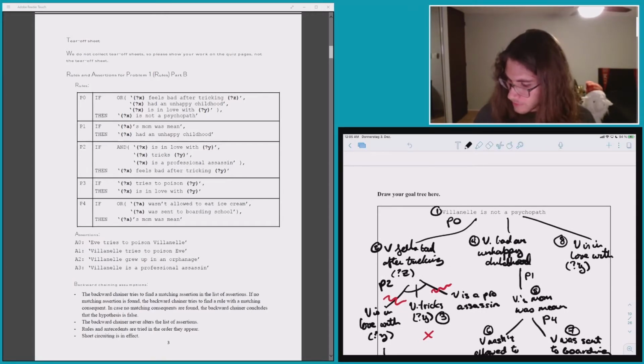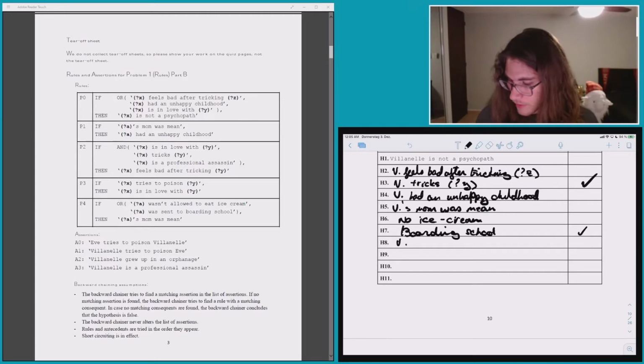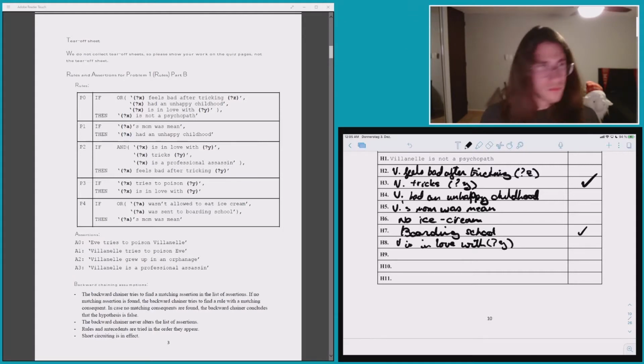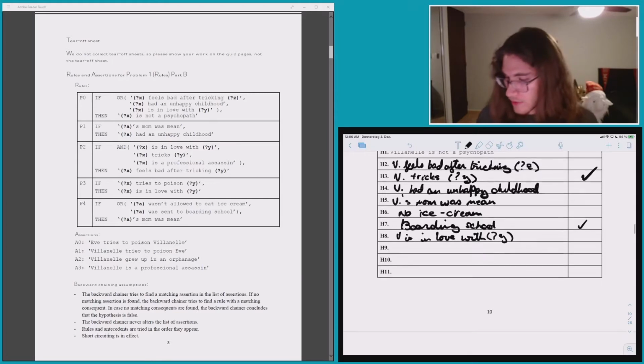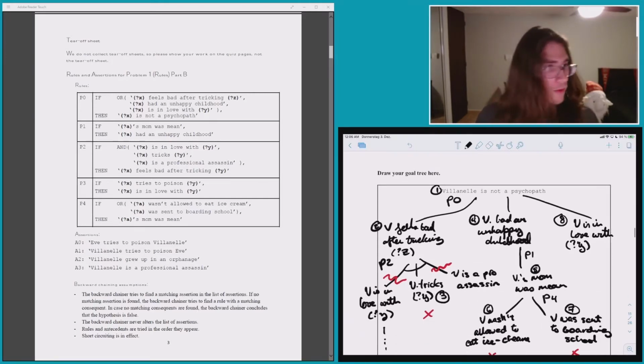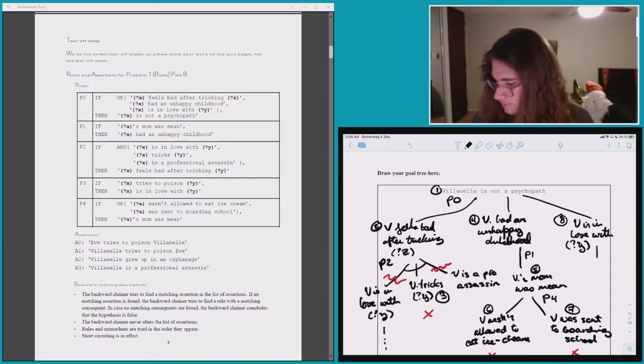So speaking of, let's test V is in love with Y. There aren't any assertions that would match this, so I'm not going to bind Y yet. But what it does match is rule P3.